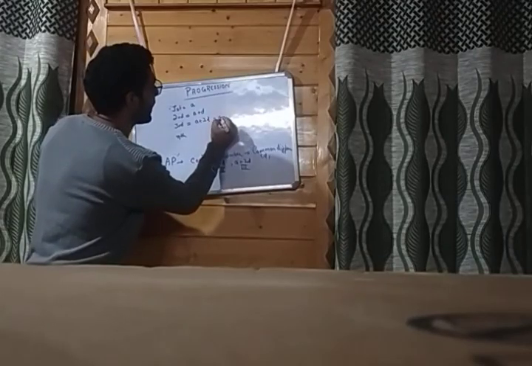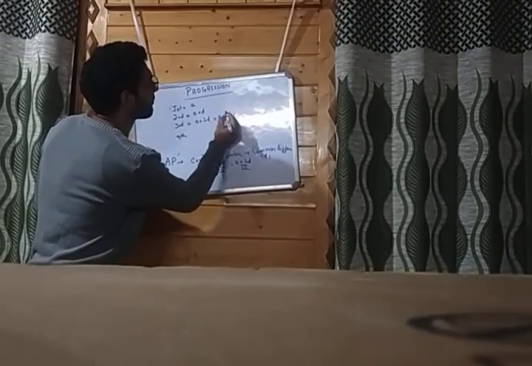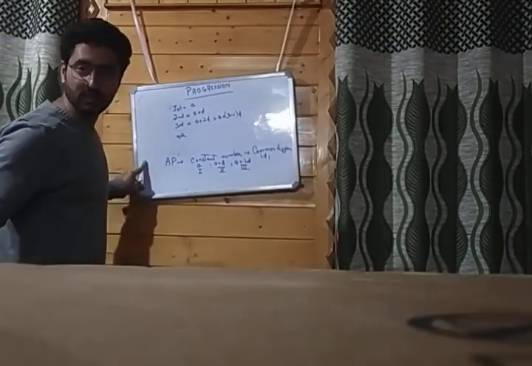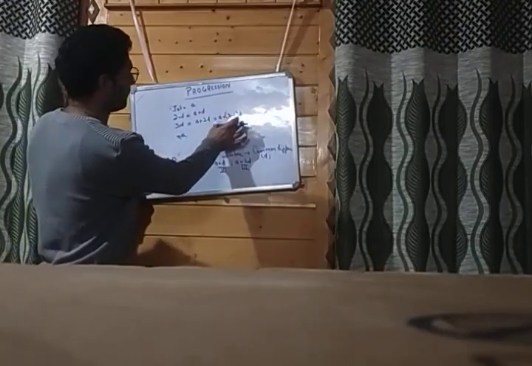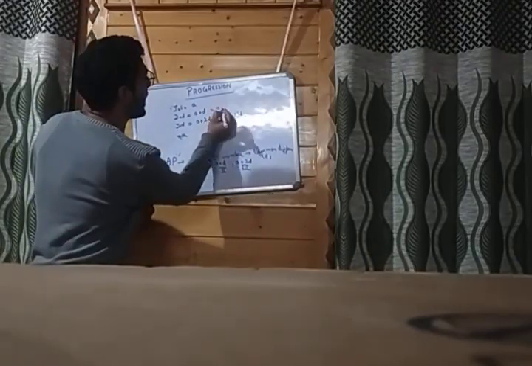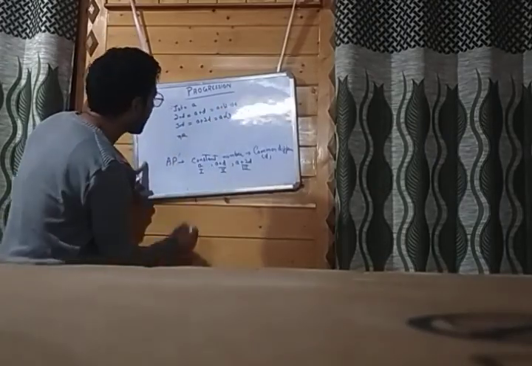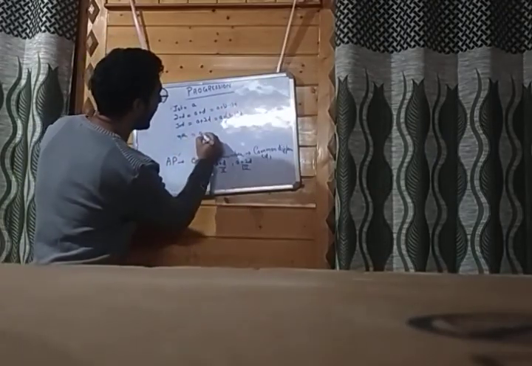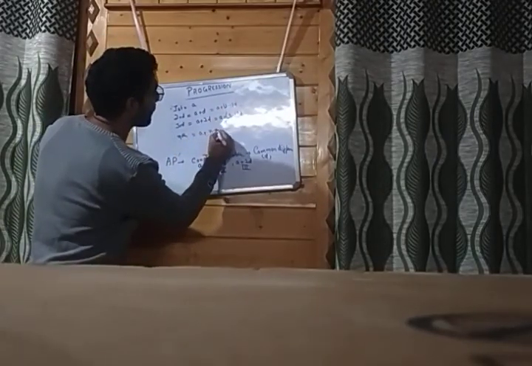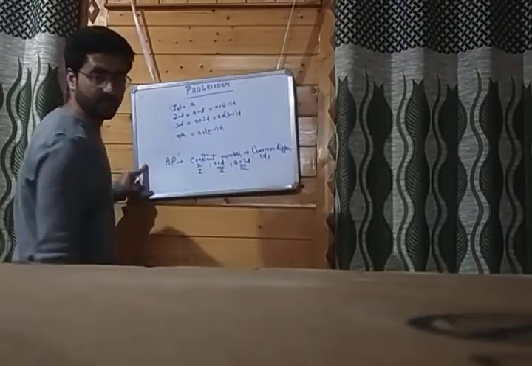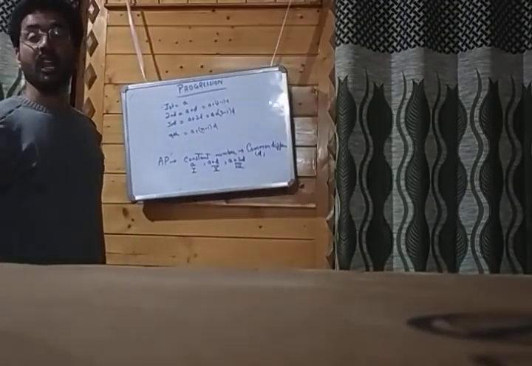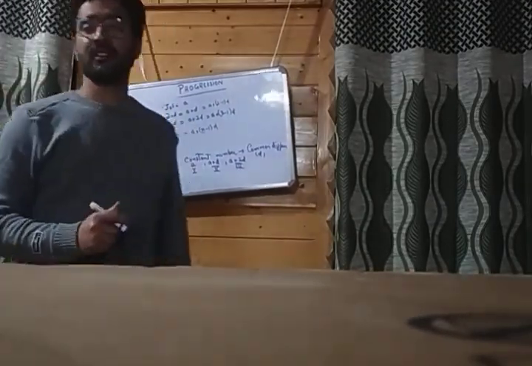Actually the third term is a plus 3 minus 1 of d, and similarly the second is a plus 2 minus 1 of d. If you go on, the nth term will be a plus n minus 1 of d. This is the last term of the progression.